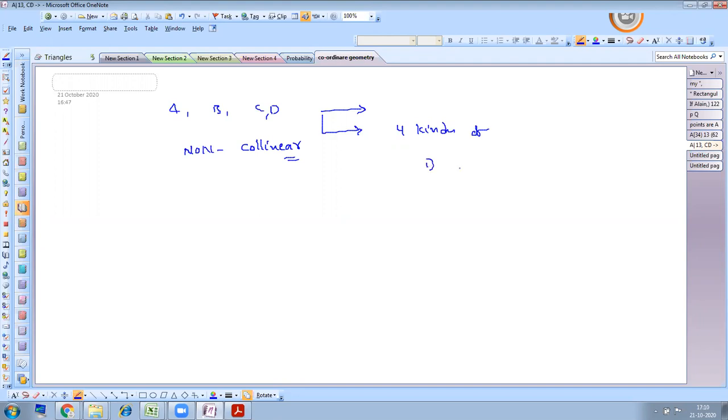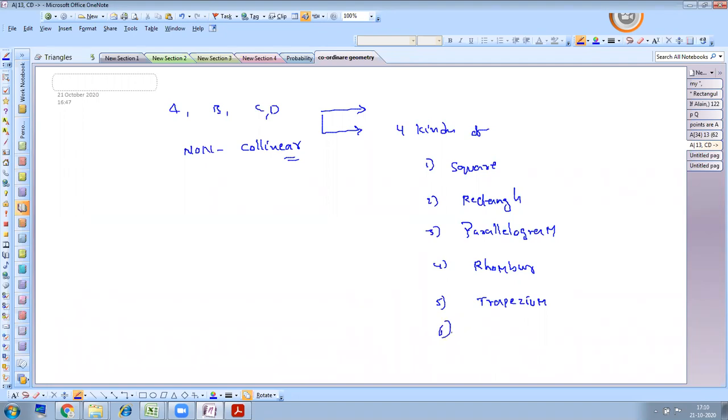So it may form a square, it may form a rectangle, or it may form a parallelogram or rhombus. Any other chances? Niranjan? Akash? Trapezium. Correct, trapezium.